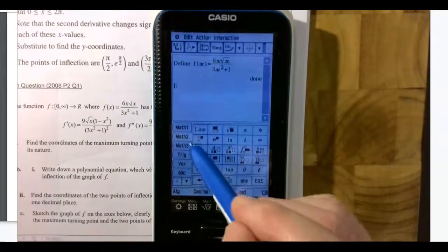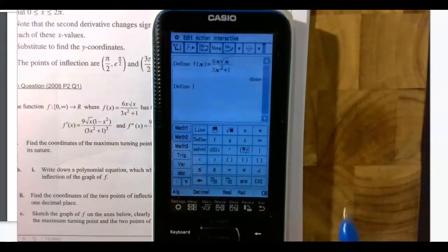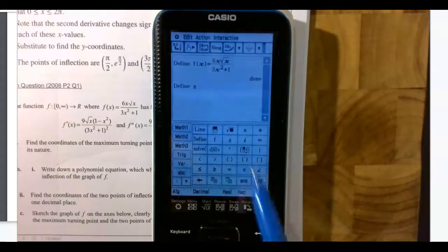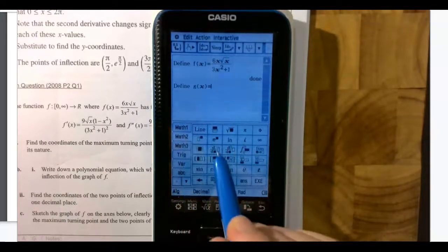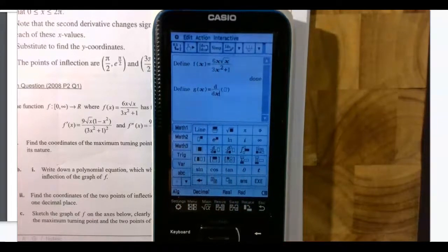And then what I find useful is, straight away, if I know I'm going to use it, to define g of x as being the derivative of f of x.